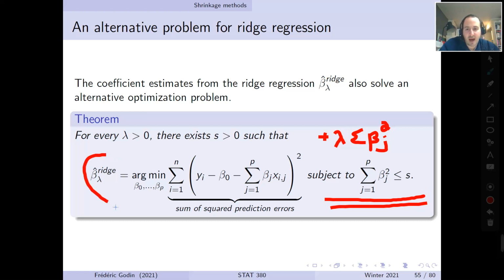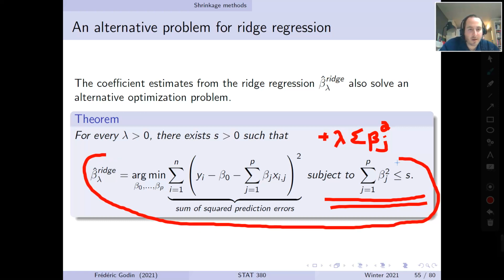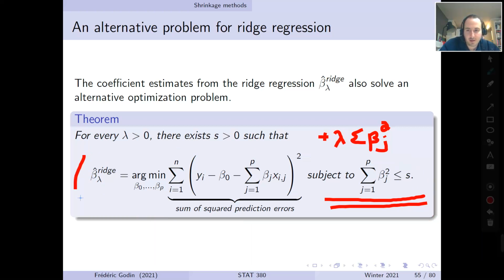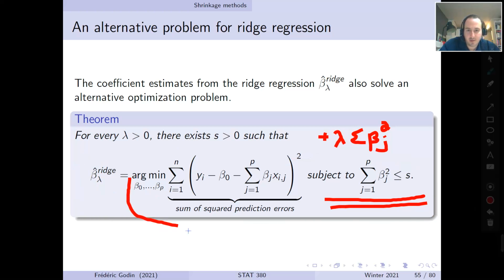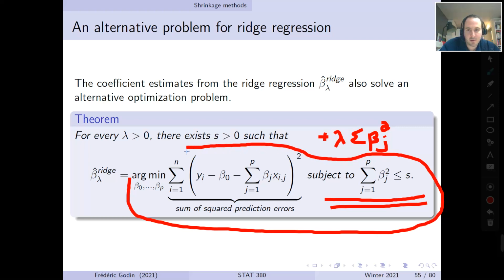So then if we have this problem, it can be shown, which we will do next, that for this problem, the solution is exactly equal to the same solution as for the ridge regression for some lambda.